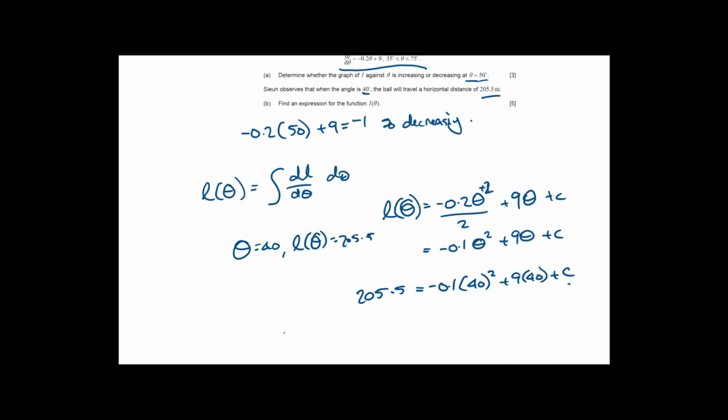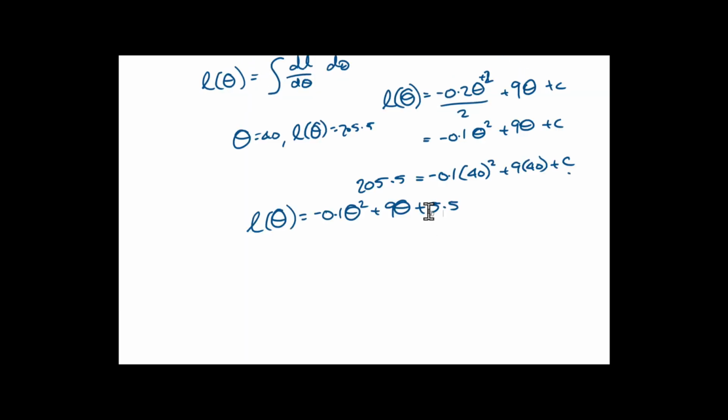So the answer, the length as a function of theta, is going to be negative 0.1 theta squared plus 9 theta plus 5.5. And I think that's it. That's the whole thing. We're done.